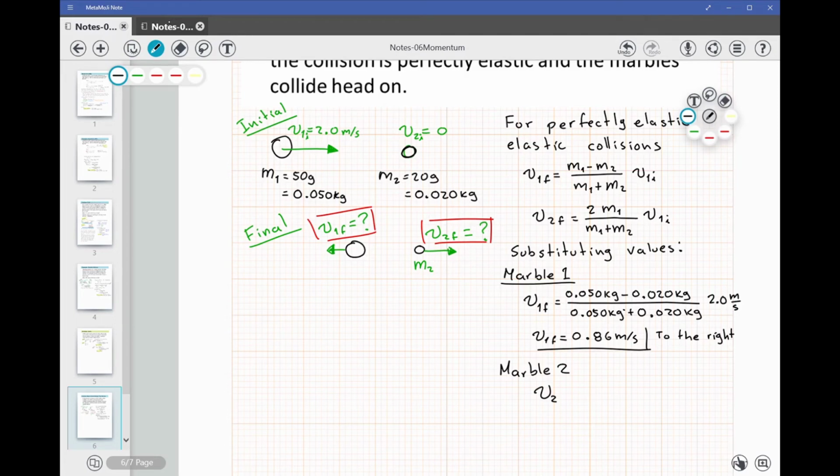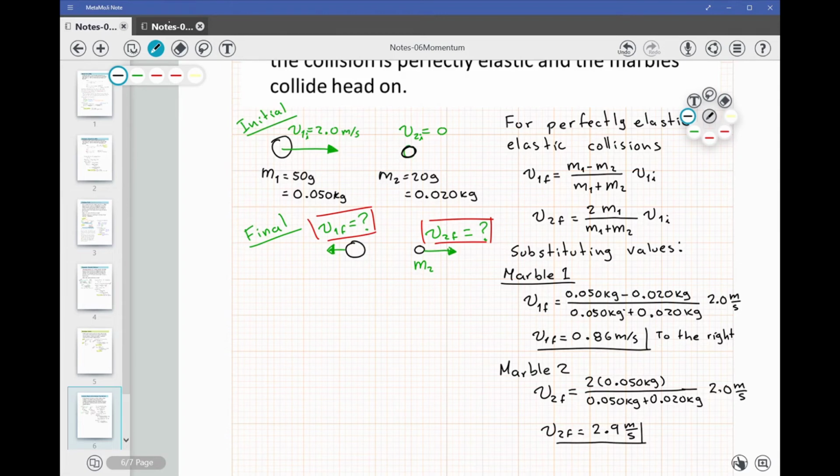So velocity 2 at the final time is 2 times mass 1 divided by the sum of mass 1 and mass 2, multiplied by the initial velocity of object 1, and we get 2.9 meters per second.